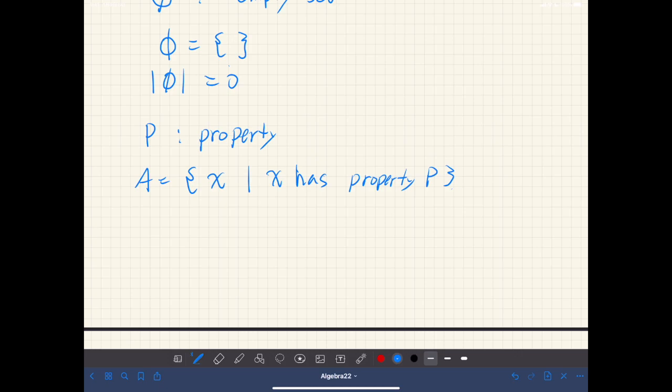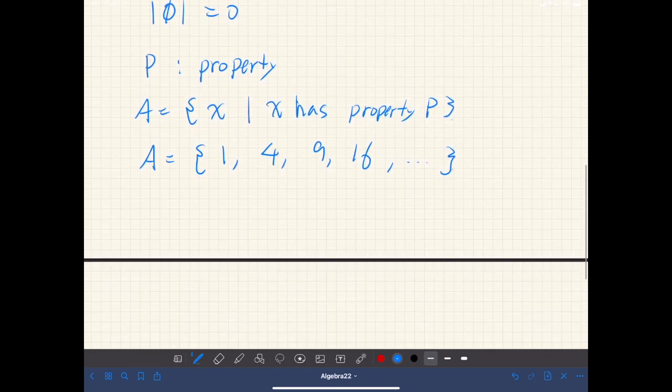Maybe it's easy to see by a concrete example. Suppose we have a set like this: 1, 4, 9, 16, and so on. So what is this set?